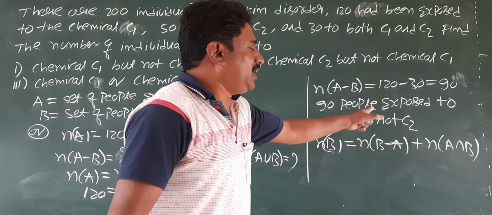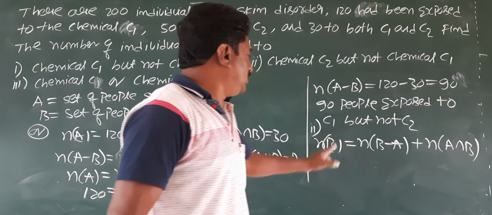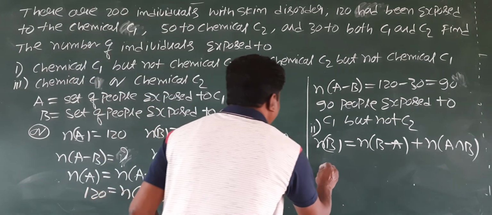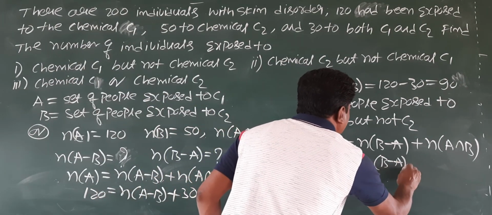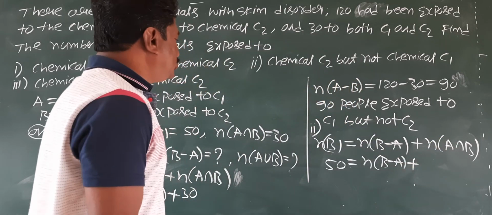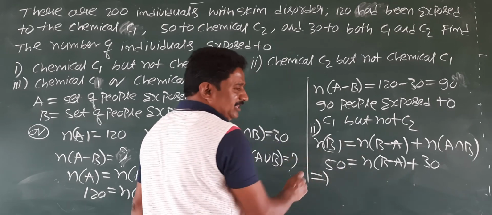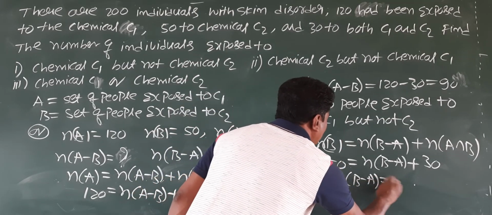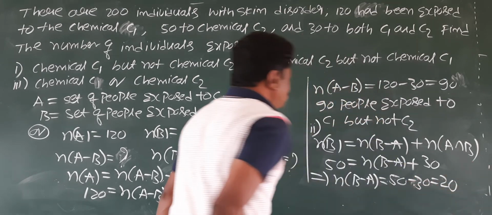Substitute: NB 50 is equal to N of B minus A plus 30. Bring that 30 to this side. N of B minus A equals 50 minus 30, so 20 people.